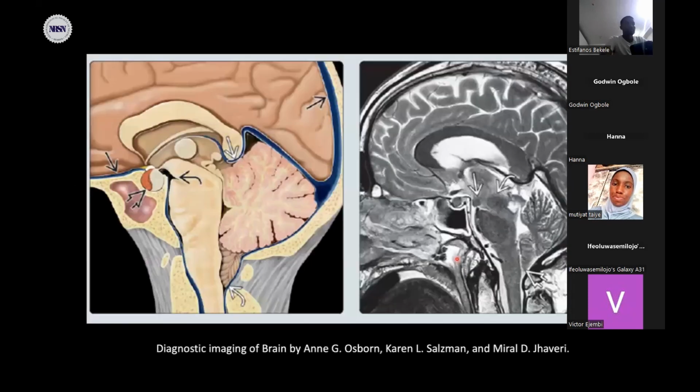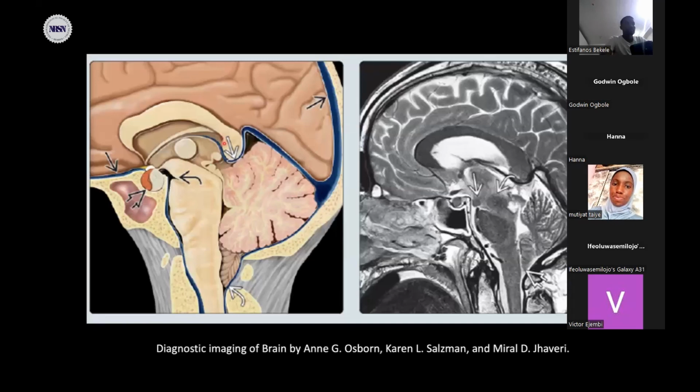So this MRI diagram is showing some of the features that we have to look out for on MRI. It's going to be venous distension, and instead of having a concave outline of the venous sinus, it is going to be convex.